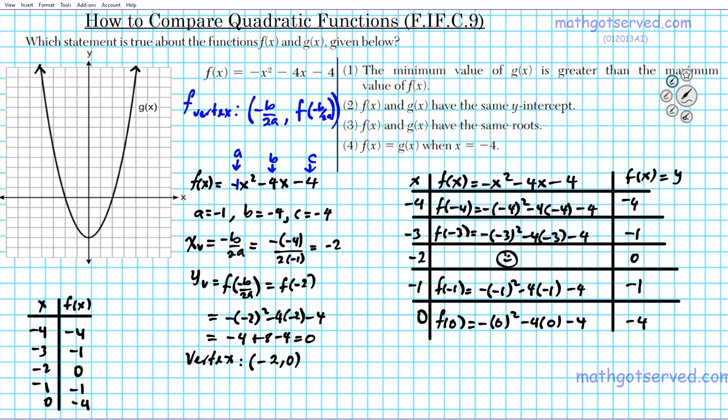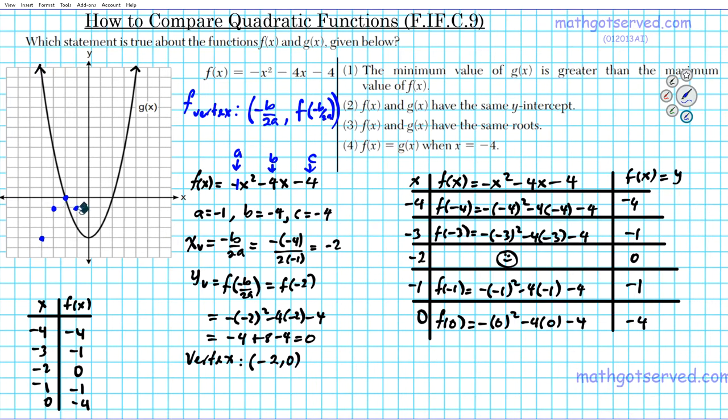All right, so let's graph it using blue. So the vertex first, negative 2, 0 right here, bam. And then when we go to negative 3, it's down to negative 1. Negative 4 is down to 1, 2, 3, 4 right there. And then negative 1 goes to negative 1.